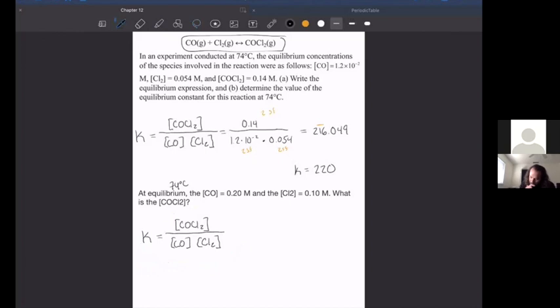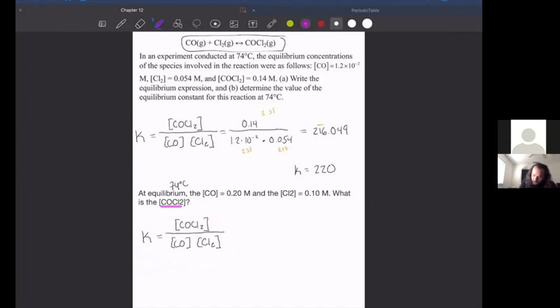Okay, and like we do, we're going to use the unrounded value, not the one that we rounded to the correct number of sig figs. We're going to use the unrounded value so we don't incur any rounding errors. And then just pay attention to sig figs at the end. What I'm going to be solving for, my missing variable, is this here, right?